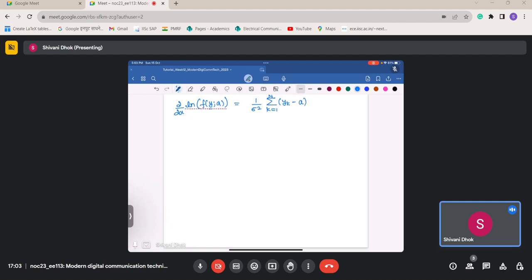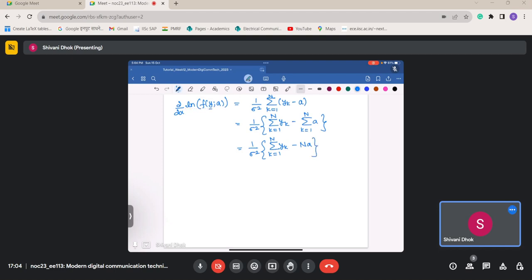So what we can do is we can just split this summation into two. So I can write it as 1 by sigma square summation k running from 1 to capital N yk minus summation k running from 1 to capital N A. So this is equal to 1 by sigma square summation k running from 1 to capital N yk minus n times A.